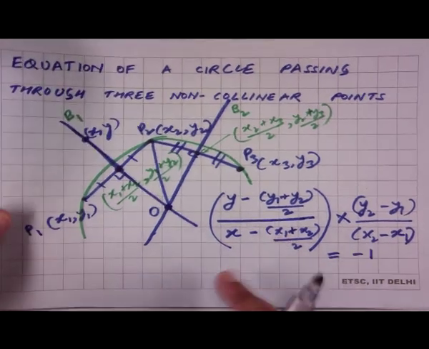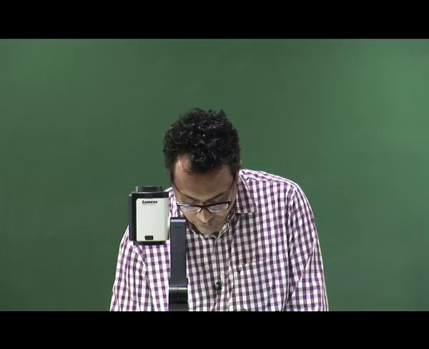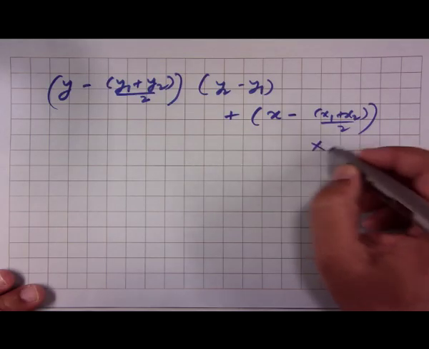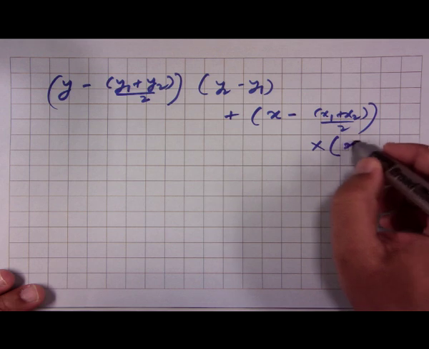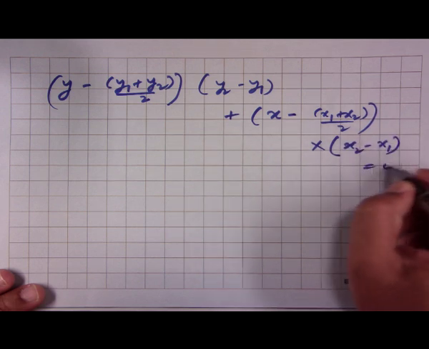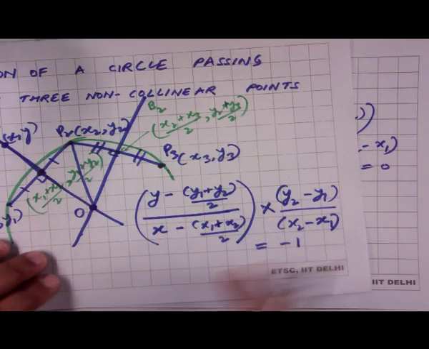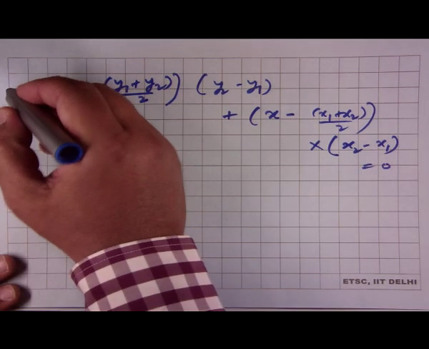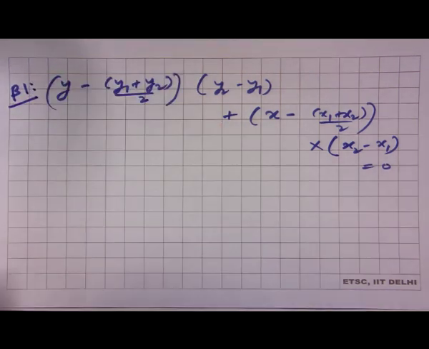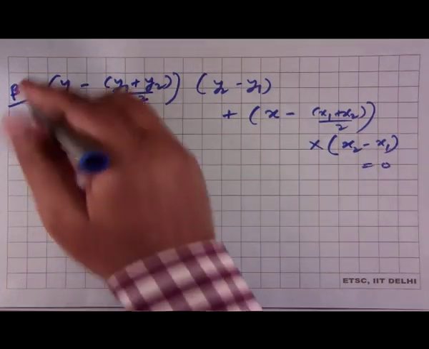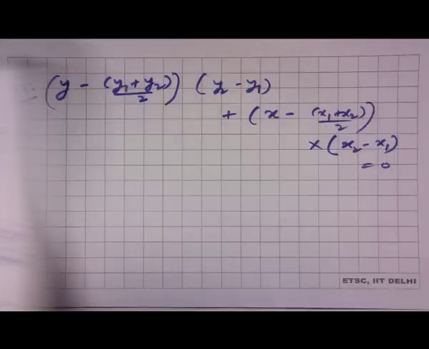And if we refine this a little bit, we get this, times, so this is what we get after we refine this. So, this is the equation of the perpendicular bisector B1 of chord P1 P2.